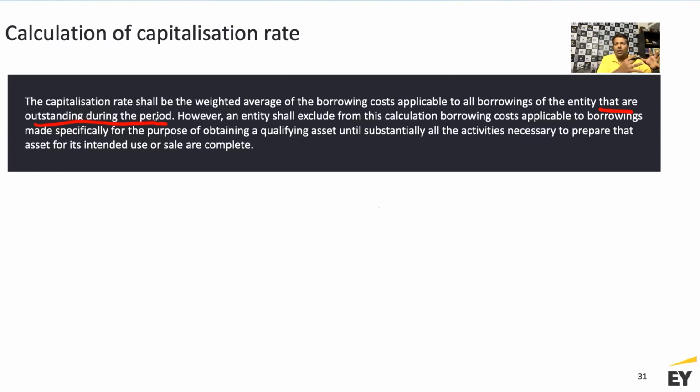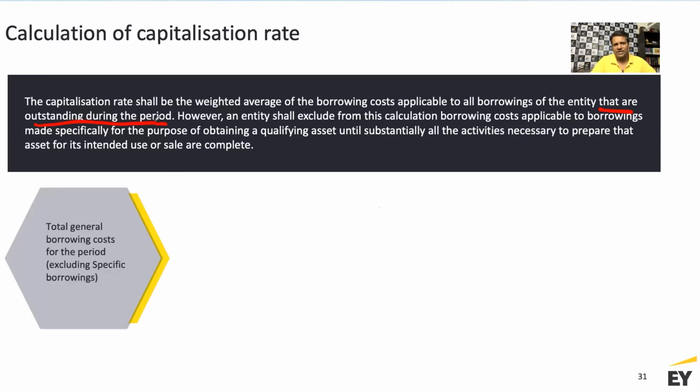So if you already have a qualifying asset under construction for which you have borrowed money, you don't need to include it, because that is anyway getting capitalized as part of that qualifying asset. However, if you have general borrowing and you are doing another qualifying asset, that is where you have to appropriately determine the capitalization rate.